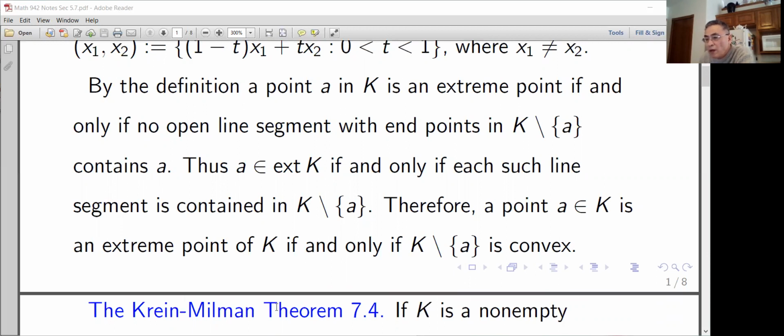So now we have the Krein-Milman theorem 7.4.